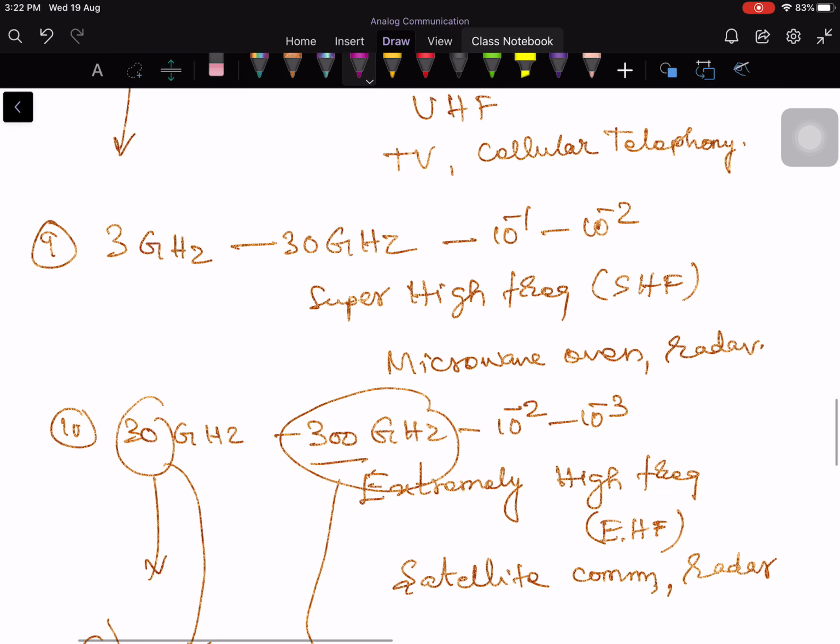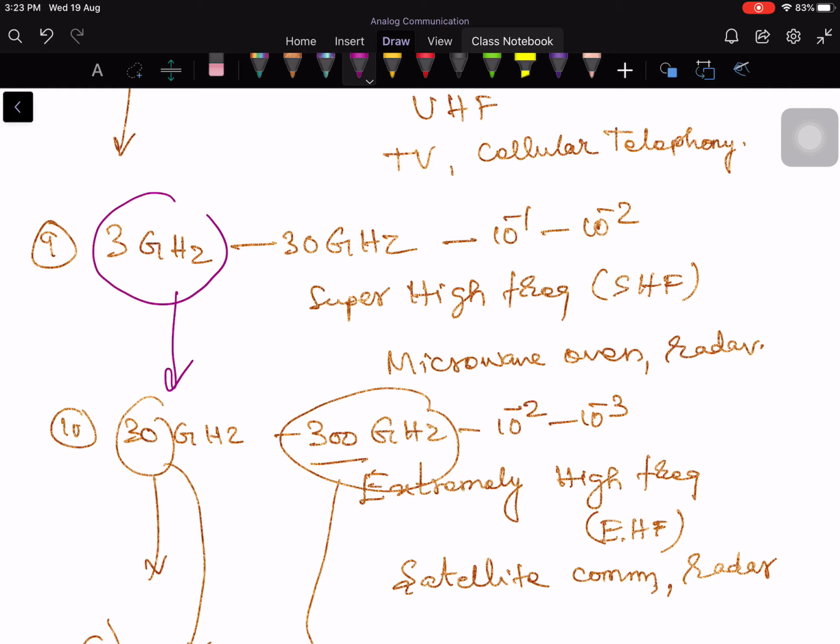Similarly, here 3 gigahertz becomes 30 gigahertz. So the end frequencies differ by a factor of 10. Even though these are not crisp boundaries, the communication fraternity has accepted them as a convenient classification for all further discussions.